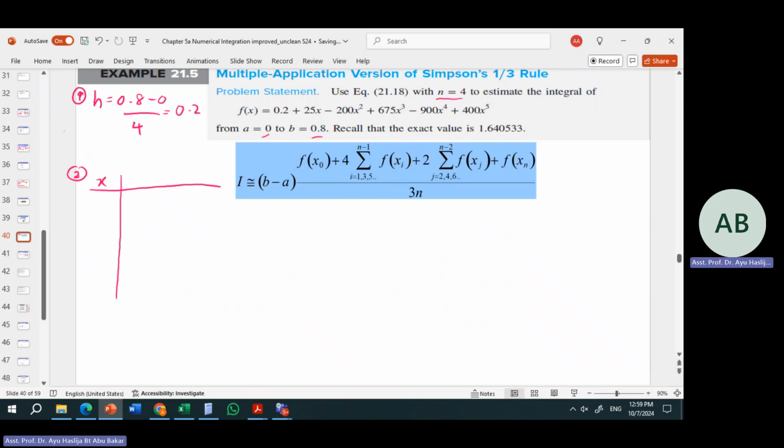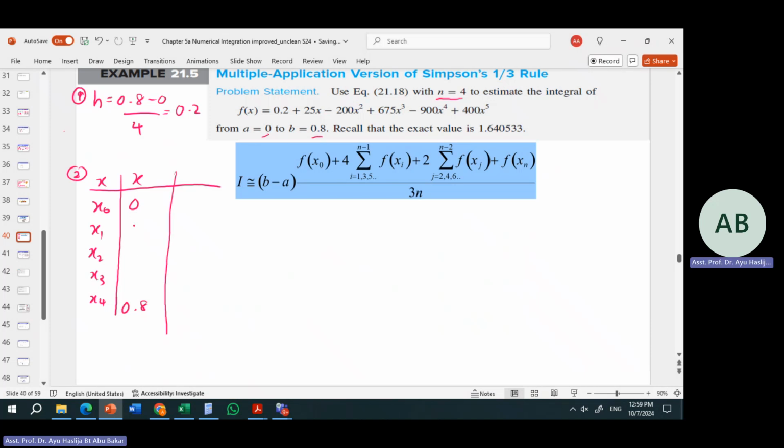Four segments, how many points? 5 points, correct. Okay, so x0 is a, which is 0, x4 is b, which is 0.8.